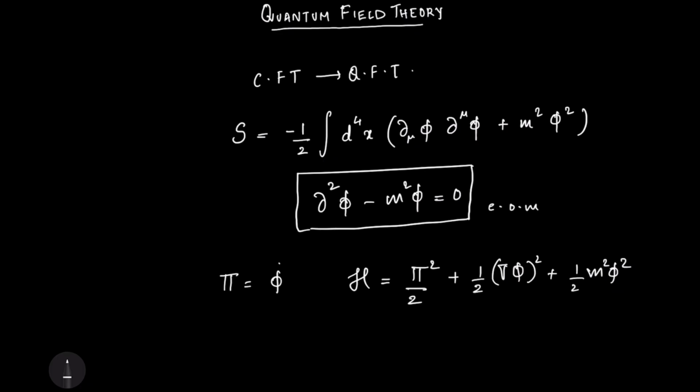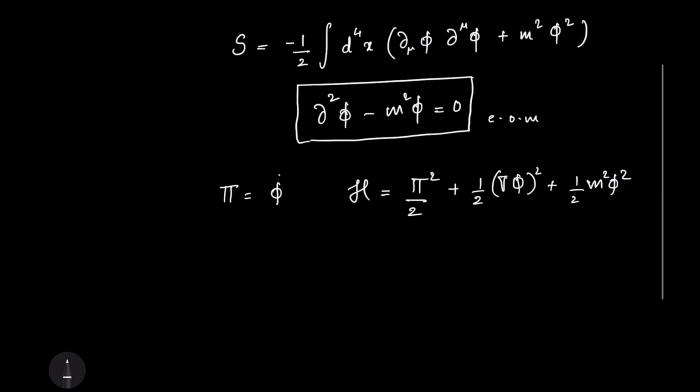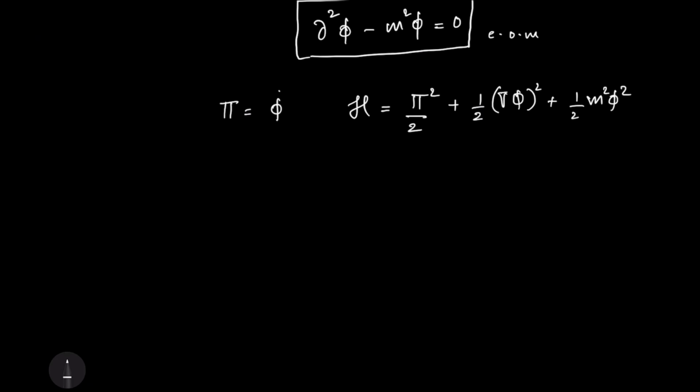The classical equation of motion can be solved using Fourier transform, and the solution is given by phi of x is equal to exponential of minus i E t plus i k dot x. Okay, so it is a plane wave solution, and here energy E square is given by m square plus k square, and this is omega k square.